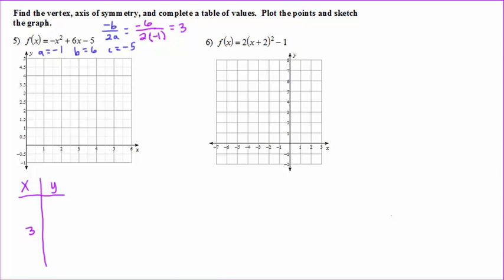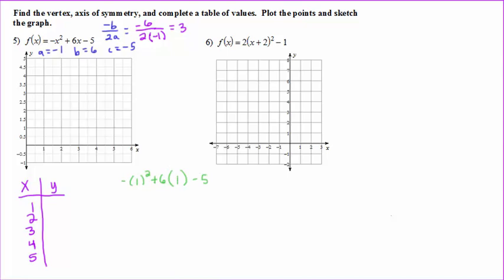Once I have it in the middle, I pick things above, like 4 and 5, and things below, 2 and 1. I pick numbers around 3, and then I plug them into my function up here. So I would do negative 1 squared plus 6 times 1 minus 5, plug that in, and see what I get for my answer.